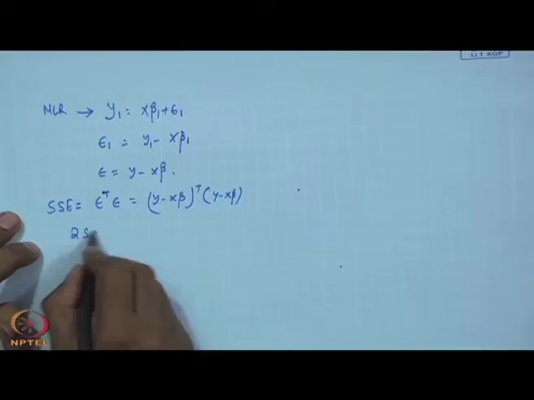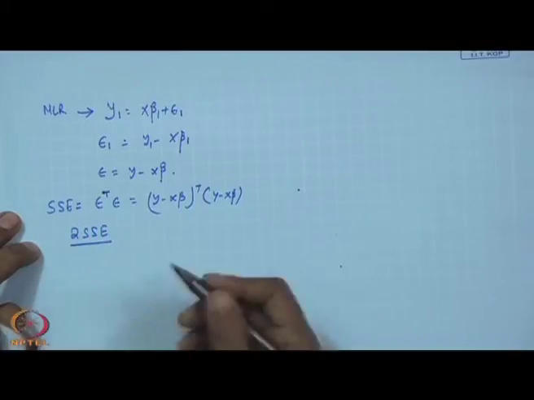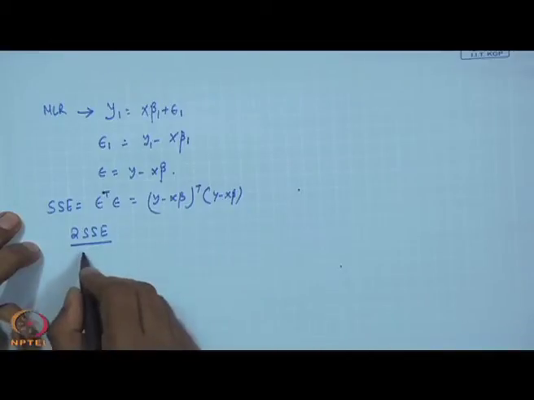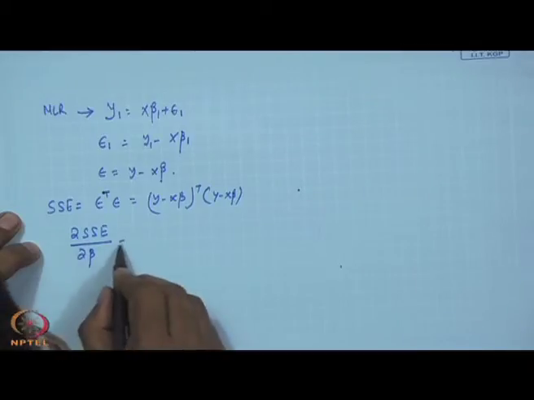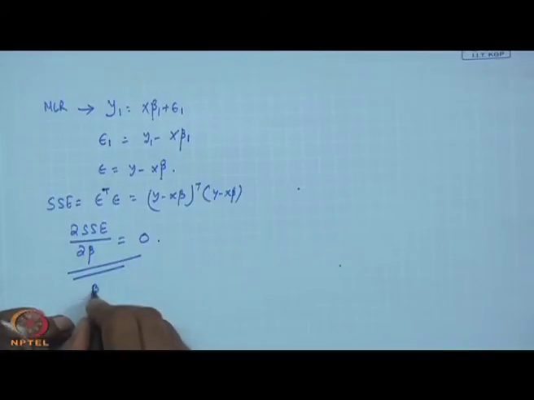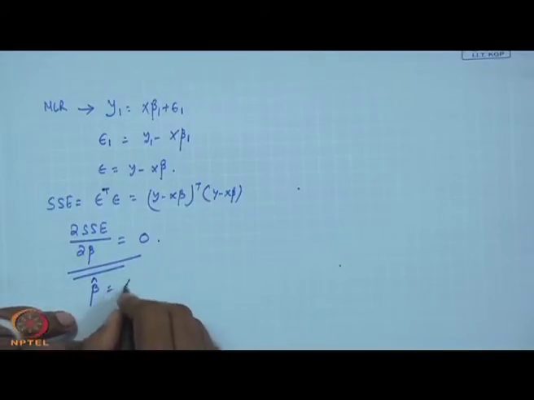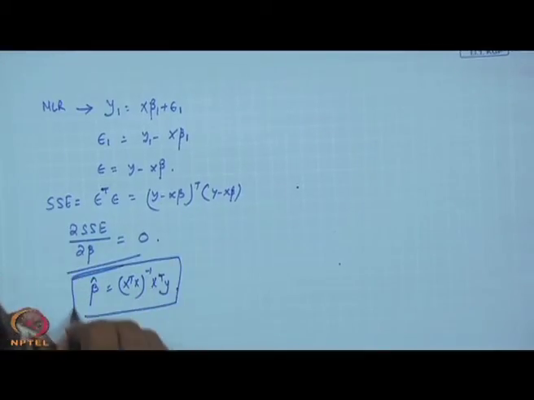Then you find the derivative of the SSE with respect to beta, and you put it to 0, and finally you got the equation beta cap is (X transpose X) inverse X transpose y. This was the estimation procedure there.